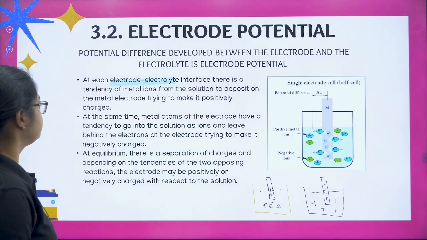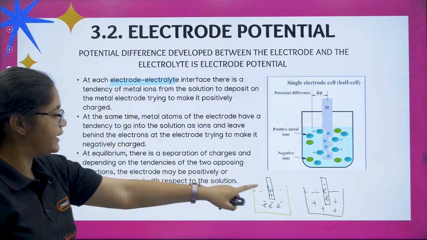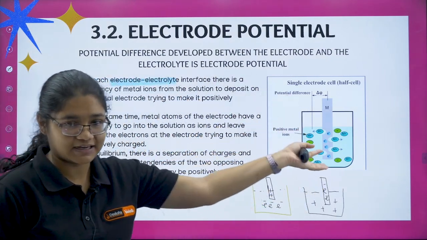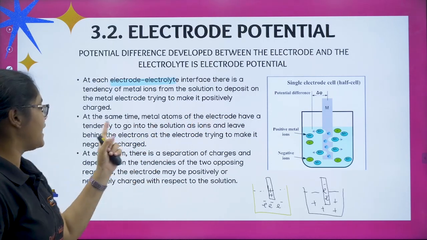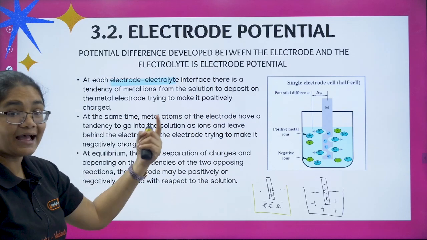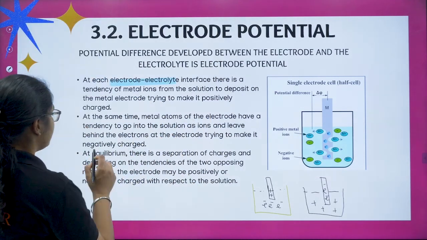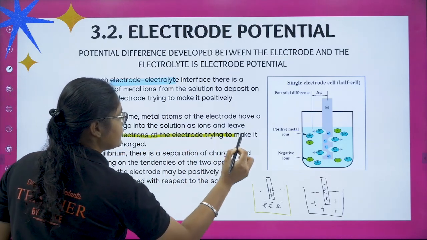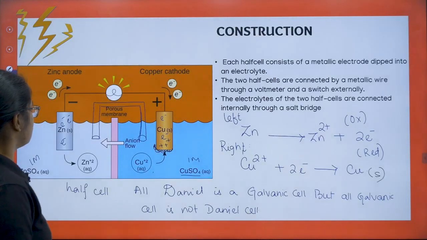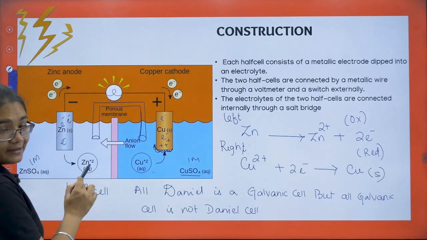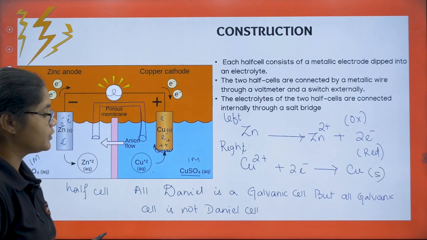So now you can see, one possibility is where they are making the electrode positively charged, the right hand side part. At the same time, the metal atoms of the electrode have a tendency to go into the solution as ions and leave behind the electrons at the electrode, trying to make it negatively charged. Is it happening there? You can see here, the metal comes out as metal ions and leaves electrons on the rod, making it negatively charged, right?